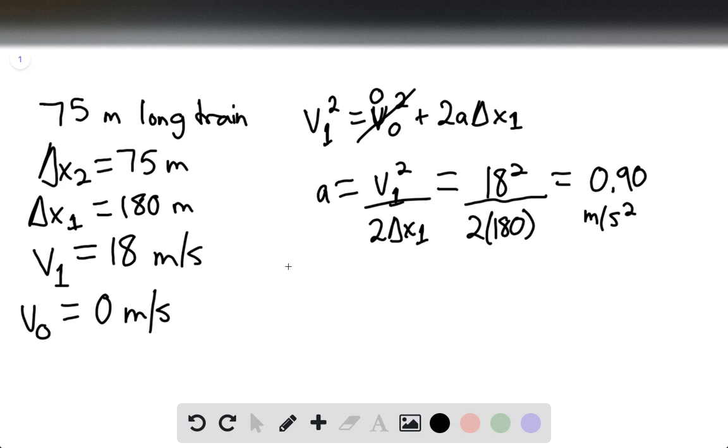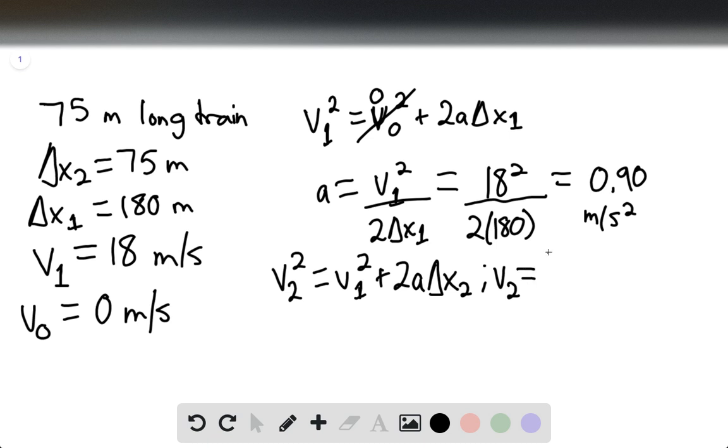So we can say that v sub 2 squared is going to equal v sub 1 squared plus 2a delta x sub 2. And this means that velocity sub 2 is going to be equal to the square root of v sub 1 squared plus 2a delta x sub 2.